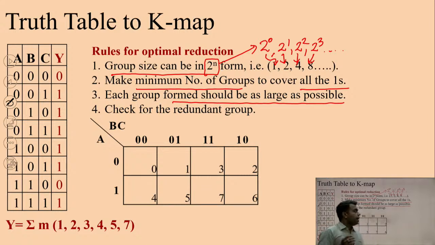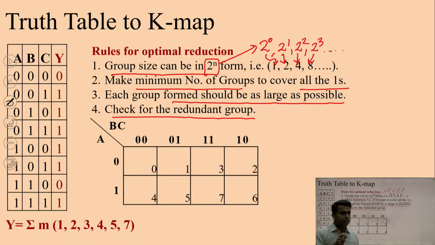And the last one, check for the redundant group. When we are starting with these kinds of topics, which are puzzle type questions, there is a possibility that we might be making more groups to cover the same ones. So we have to check whether all the groups I have made are required or not.